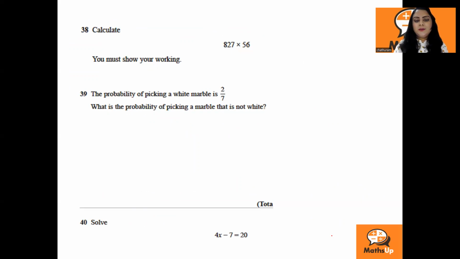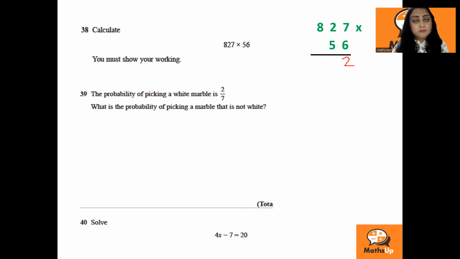So you have to calculate 827 times 56, and you have to show your working. So the first step is to rewrite it downwards like this, 827 times 56. Now we'll do the multiplication. 6 times 7 is 42.